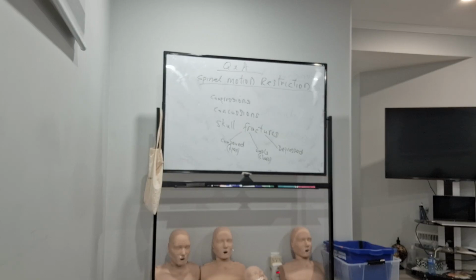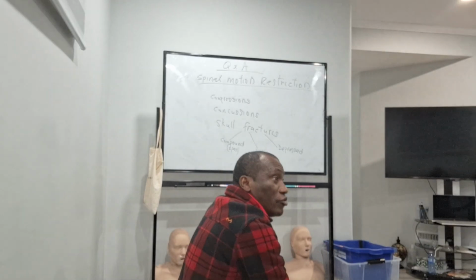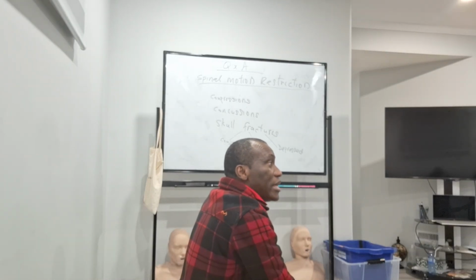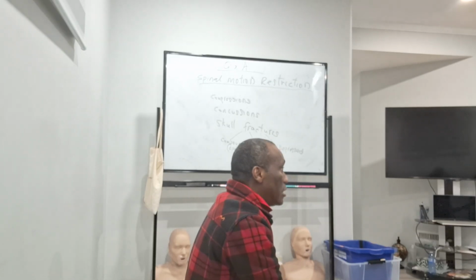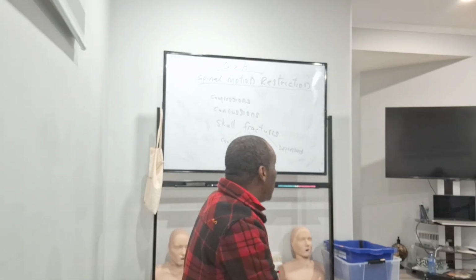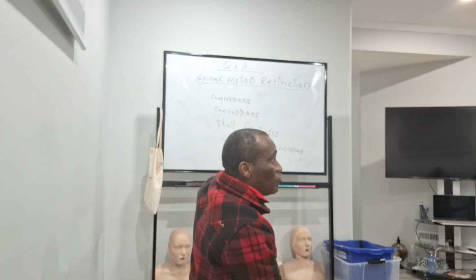You use your 2 hands. Make sure your hand is relaxed on the floor or wherever surface, and then you are holding the head and the neck. This may be all you do until EMS comes. Again, the purpose is simple, to avoid the movement. Because if you allow that movement, it will worsen the situation.